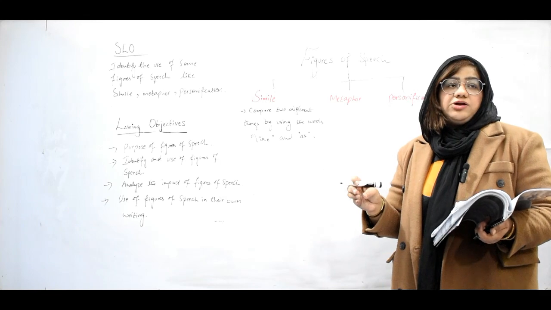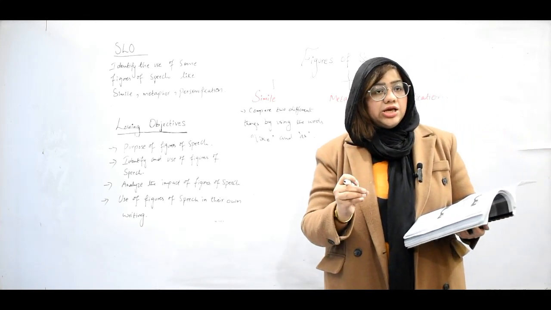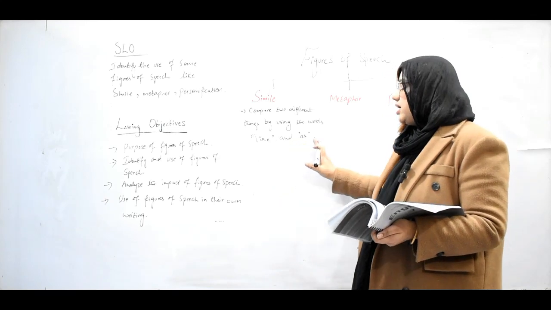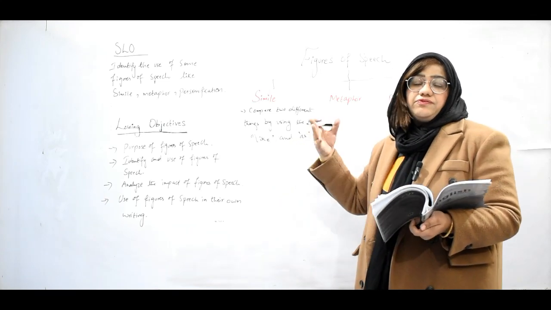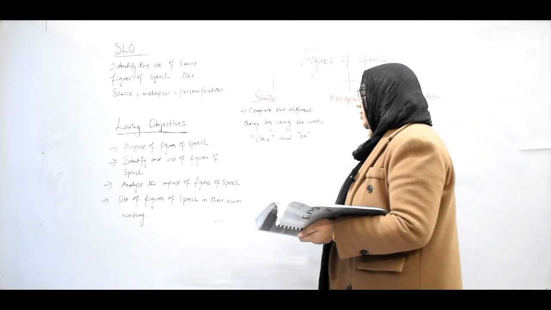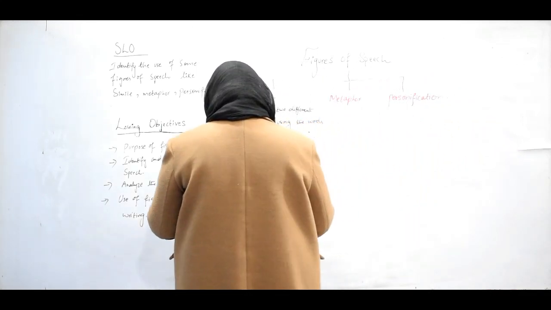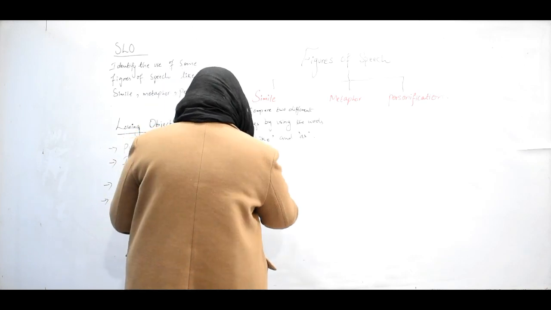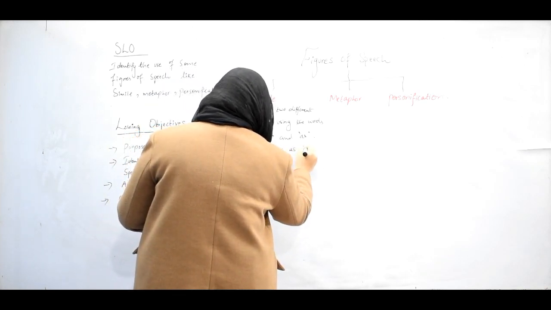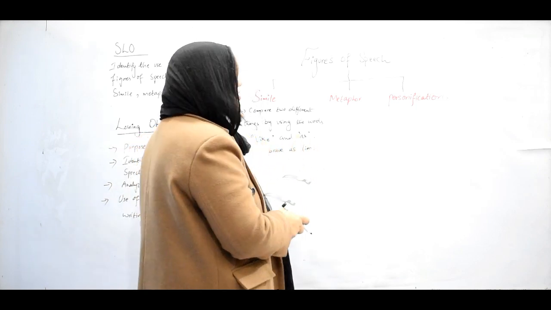So the rule is, wherever you see the use of like and as, we definitely identify that it is a simile. I'm going to write some examples. For example, as brave as a lion. What is the meaning of that?